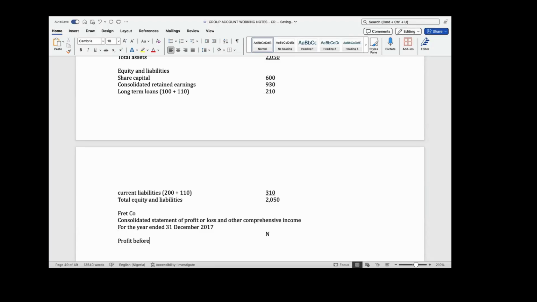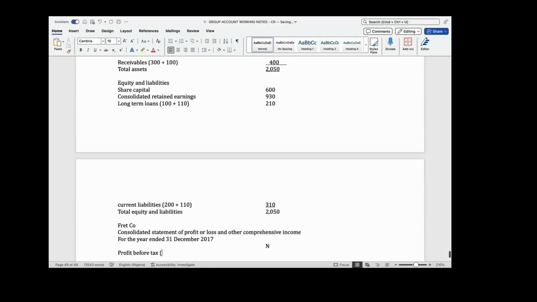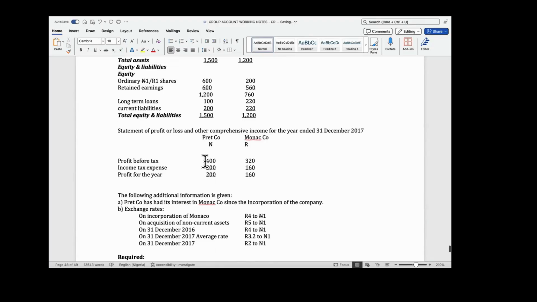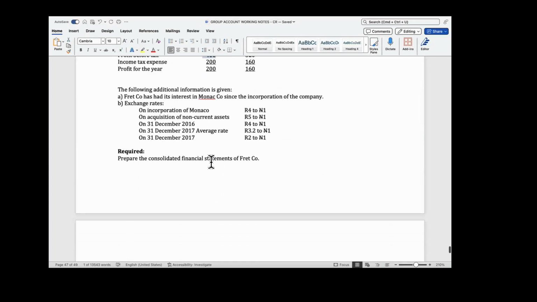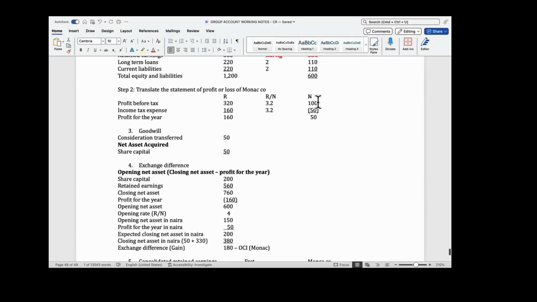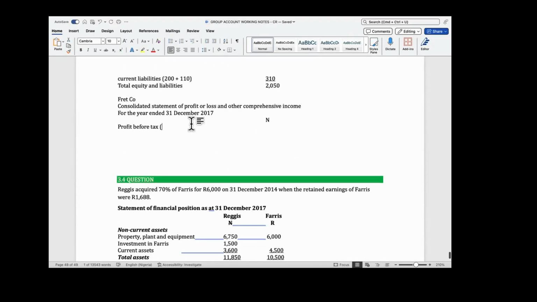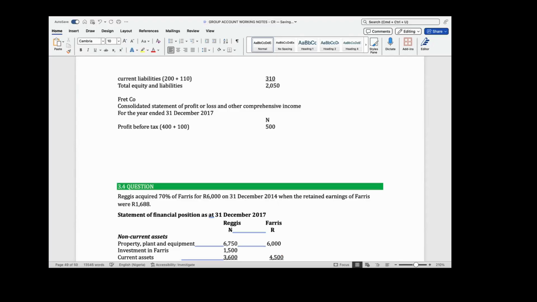So we have profit before tax. Parent has 400. The subsidiary has 100. So 400 plus 100, 500.